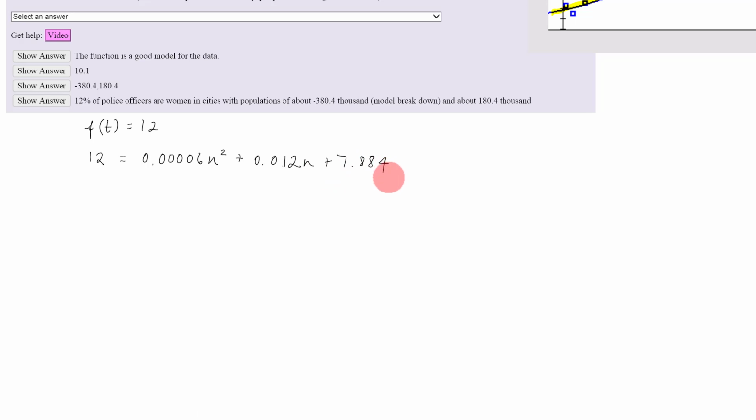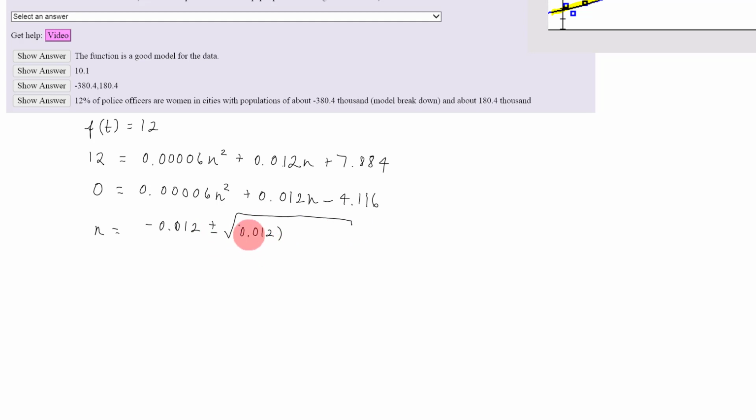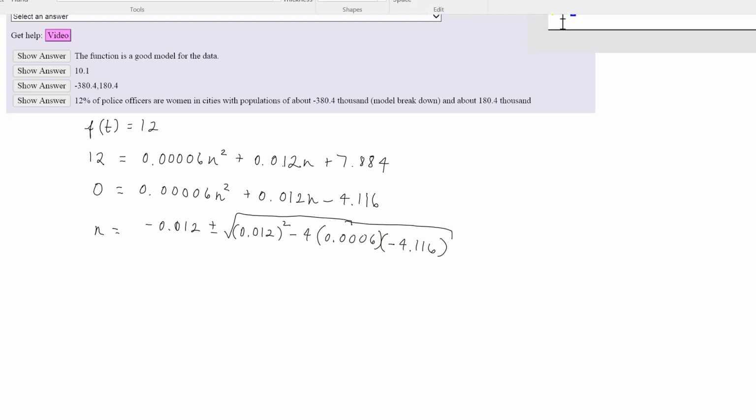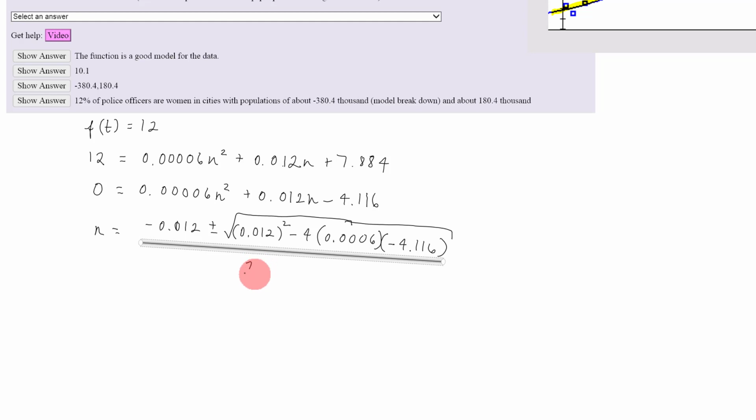So if I go ahead and set this equal to 0 and move over 12 to the right side, you would go ahead and use the quadratic formula and have negative 0.012 plus or minus the square root of 0.012 squared minus 4 times A, 0.00006, times C, which is negative 4.116, and this is all over 2 times A.